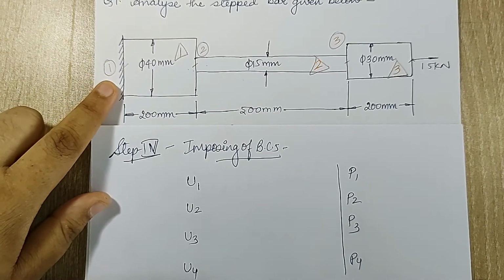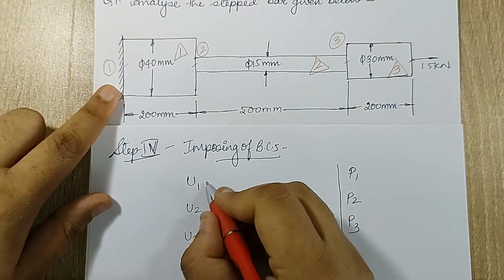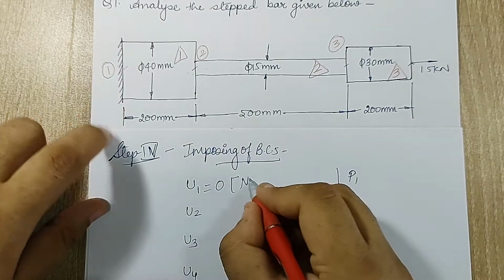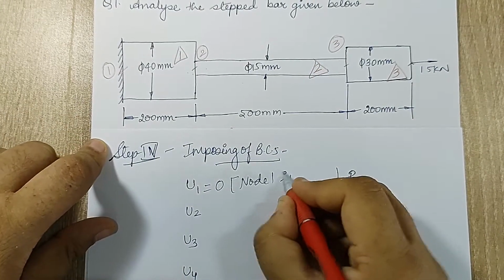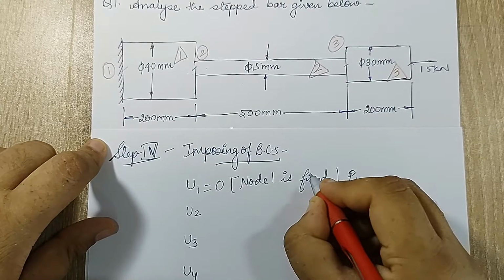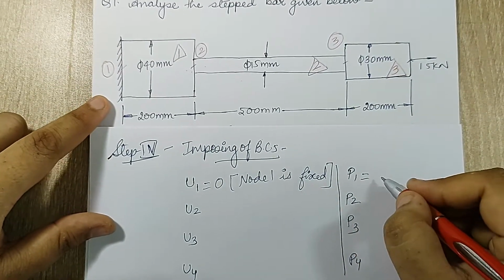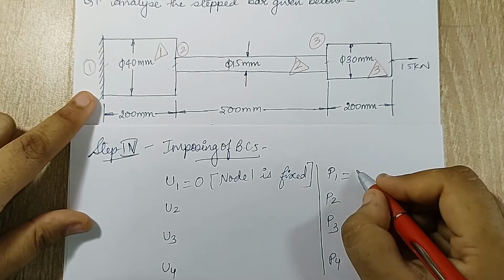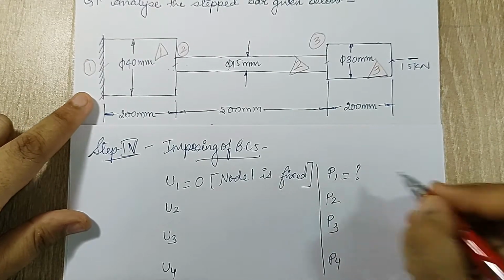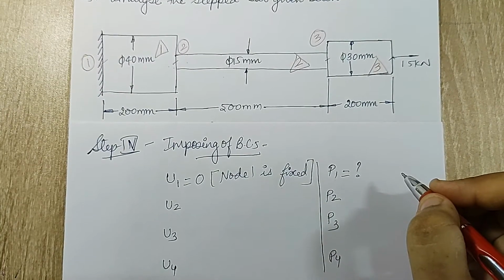At node 1, I can see it is fixed. Hence the displacement will be 0. So I can write over here, node 1 is fixed. Since node 1 is fixed, according to strength of materials, if you recollect, there will be a reaction load at this point. So this value of P1 is something I need to calculate, hence I am putting a question mark over here.